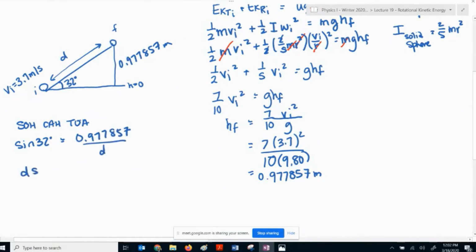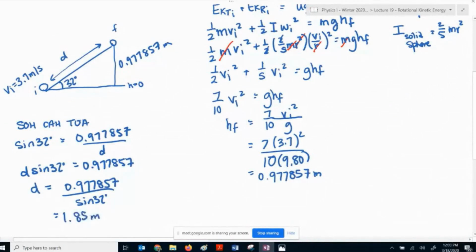And then we'll cross multiply. And then we'll solve for D. 1.85 meters. Yes, all right.